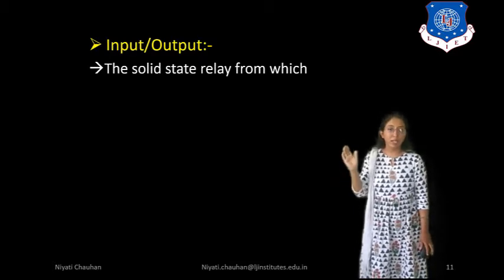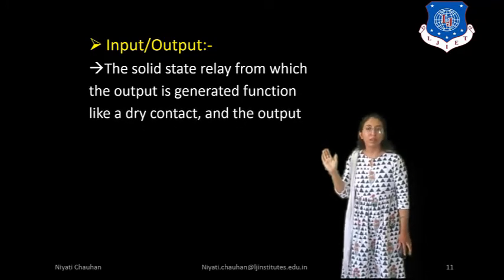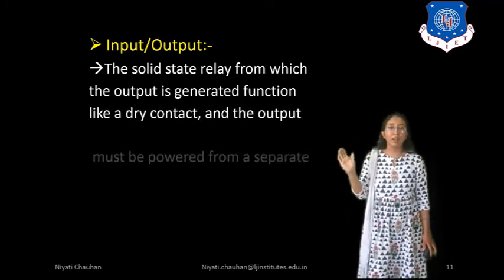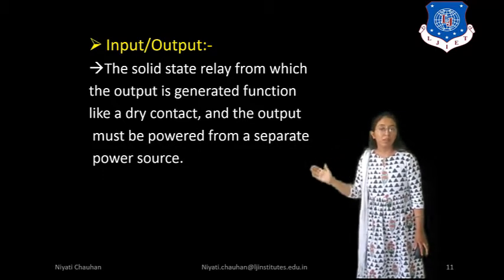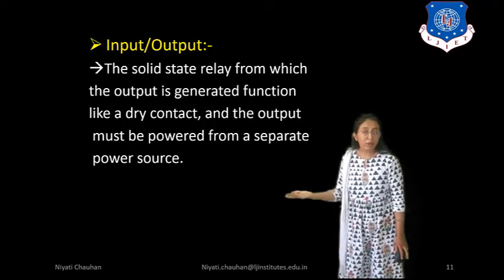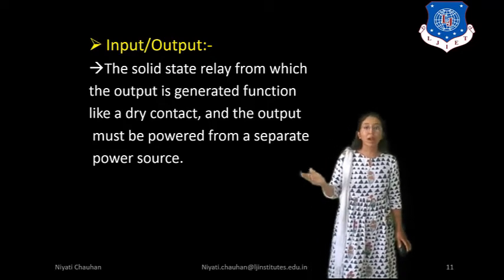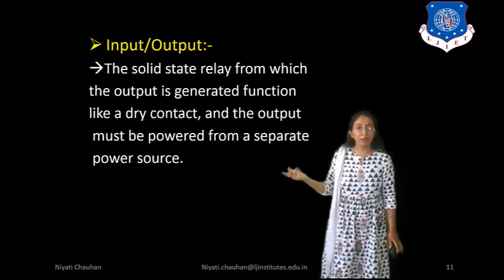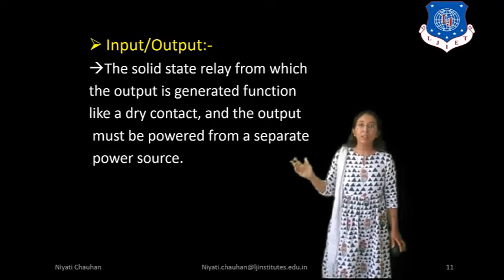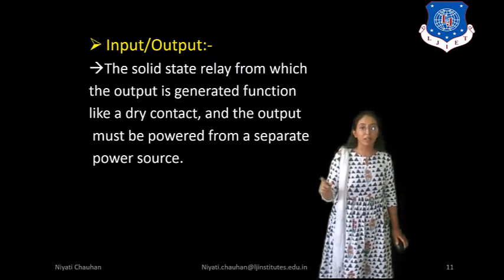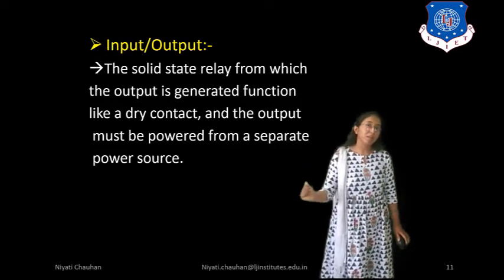This solid state relay, from which the output is generated, functions like a dry contact, and the output must be powered from a separate power source. So for input output we can also use a solid state relay. We know that a relay has a dry contact and the output must be powered from a separate power source.